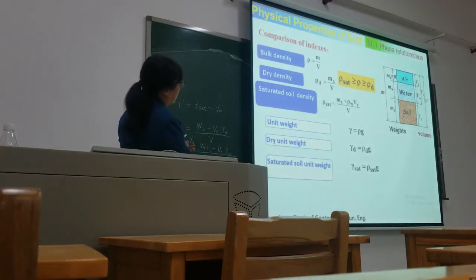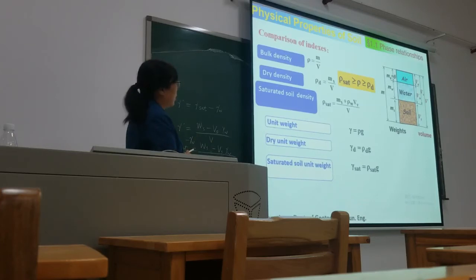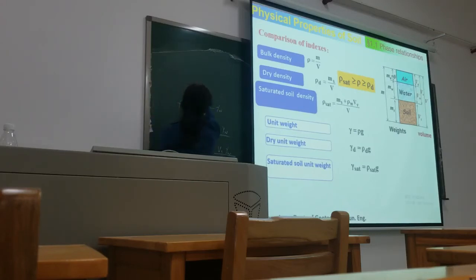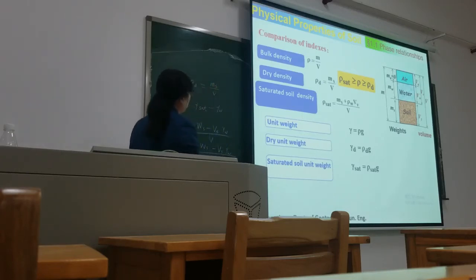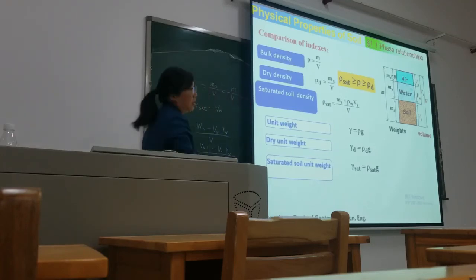When we compare two of the indexes, okay, maybe the dry density is mass of solids divided by volume, and the bulk density is mass divided by volume. Okay, Ms is no more than M. So maybe the dry density is less than the bulk density. Okay.